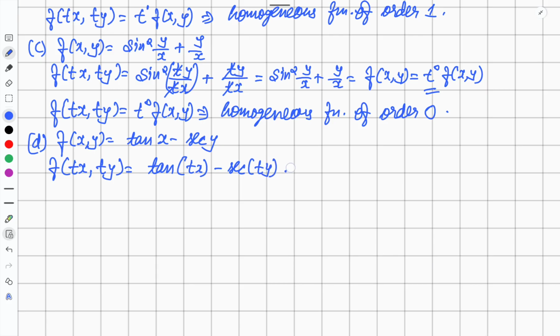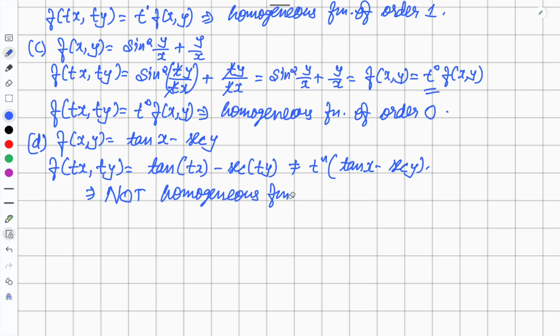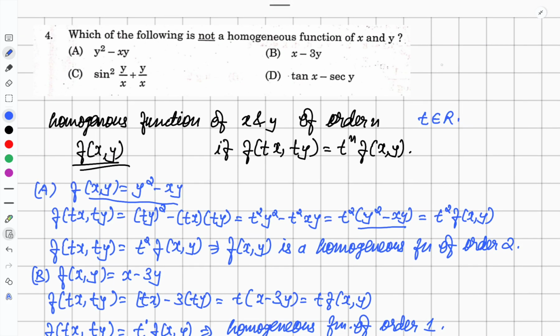Now you see, I won't be able to convert it into t raised to power n into f(x, y), which is tangent x minus secant y. I can't convert it into this. That means that this is not a homogeneous function. So D is the right option.